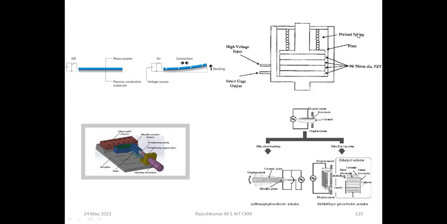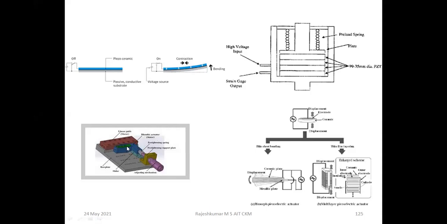So these are the preloaded springs, the plate, and these are the piezoelectric materials. Here we have only two strips, but there it is a combination of one, two, three, four, five, around six strips placed one above the other. With the high voltage, this piezoelectric material is going to vibrate. Whenever it vibrates, it provides a strain gauge output.